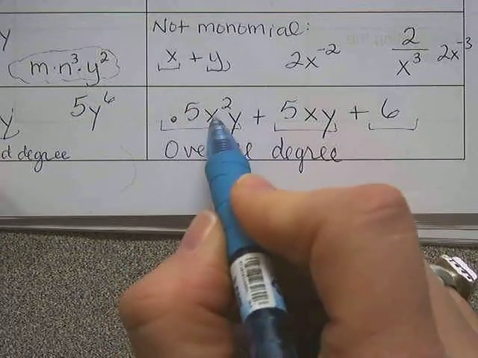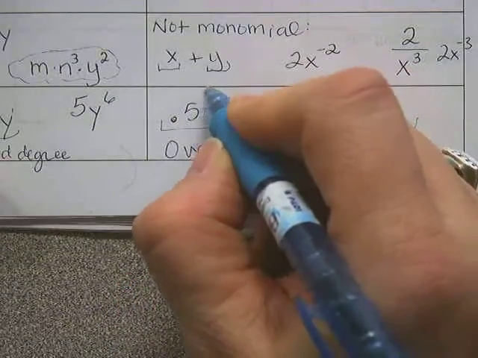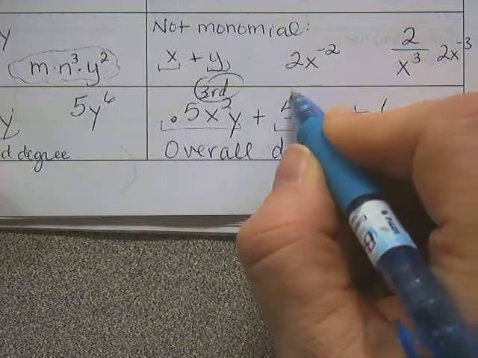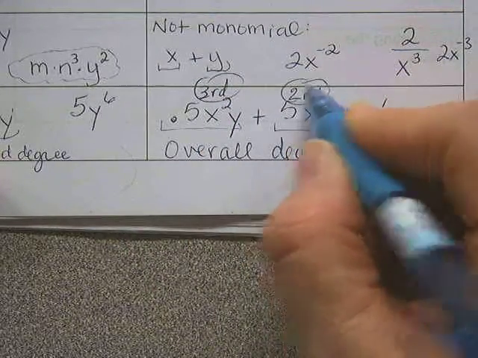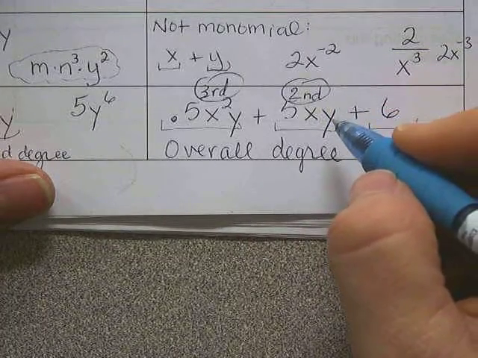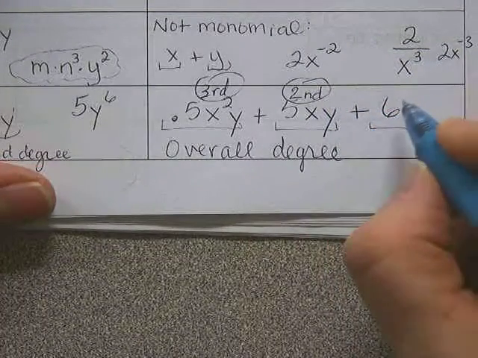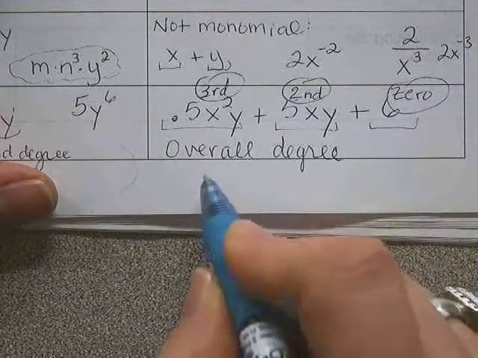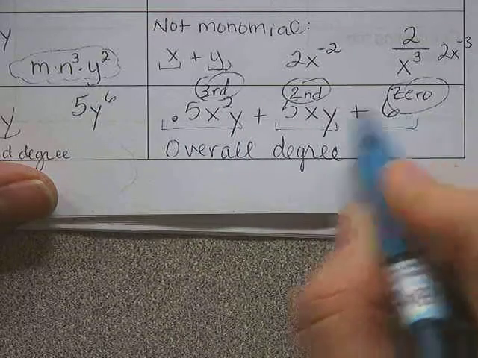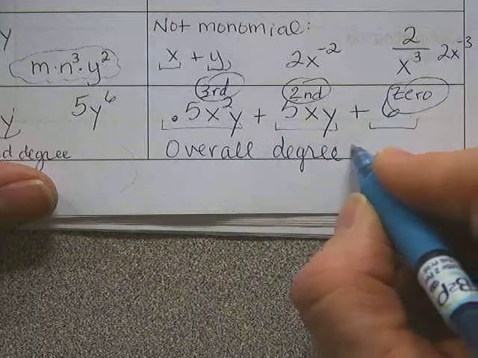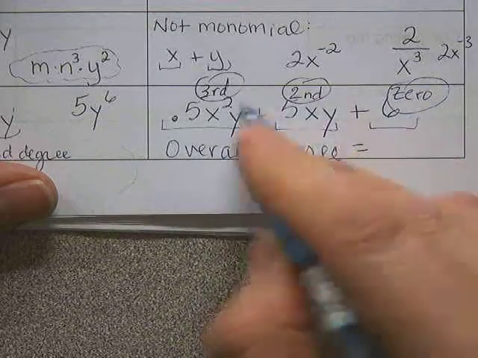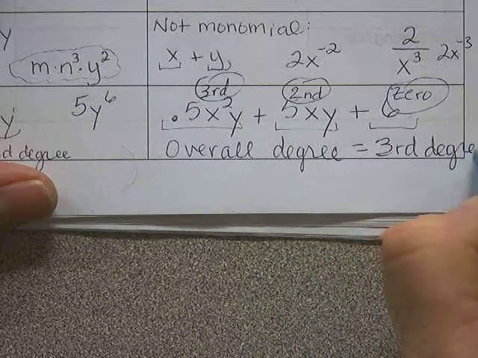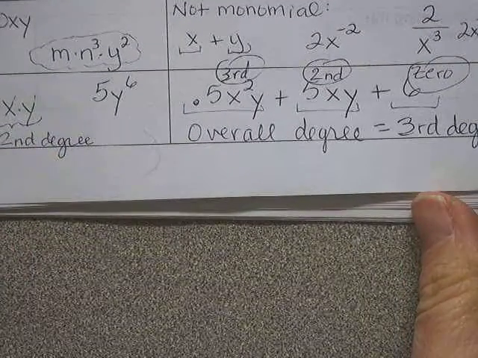So this term right here, by adding up the exponents, do you see that this is a third degree? This one is a second degree. And this one is a constant, so this has a 0 degree. So the overall degree of this whole expression is you just look at the greatest one. So the greatest one here is a third degree. So we call this a third degree polynomial.